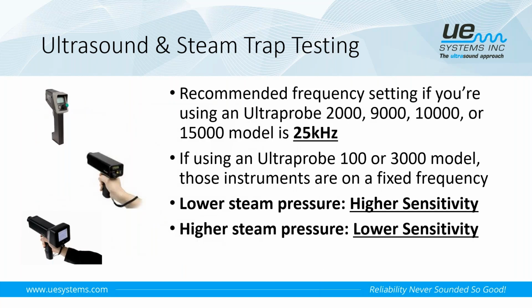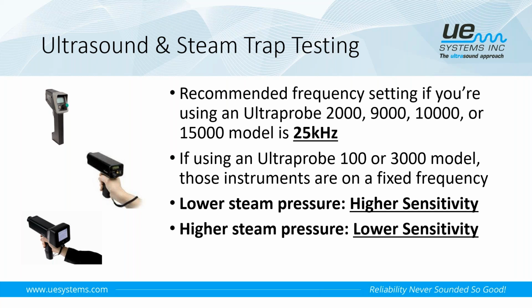Now, if you're using an UltraProbe 2000, a 9000, a 10, or a 15, those models have frequency tuning capability. Meaning that we can tune or set the frequency that we're listening at according to what the application is. So for steam trap testing, the frequency setting that is recommended is 25 kilohertz.